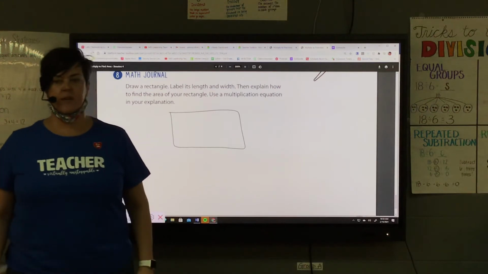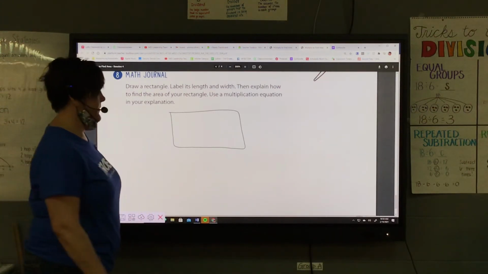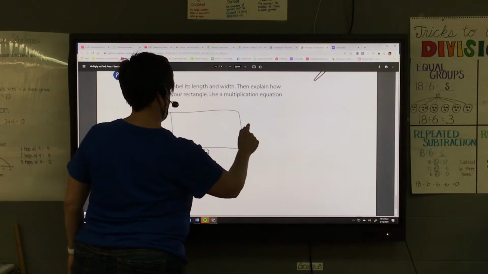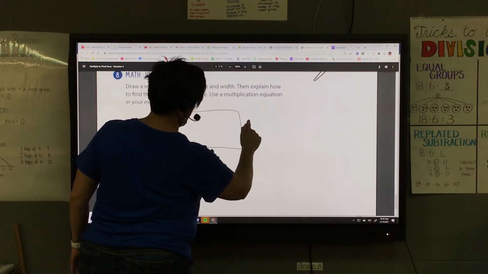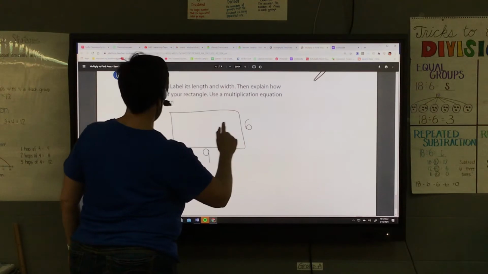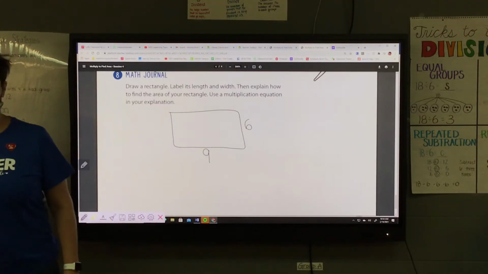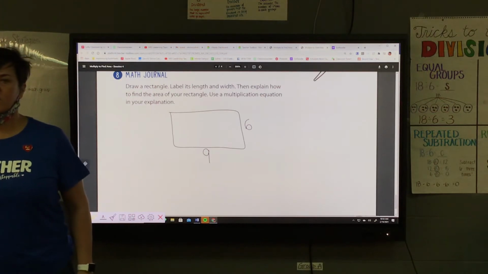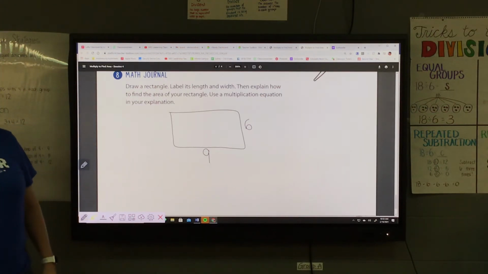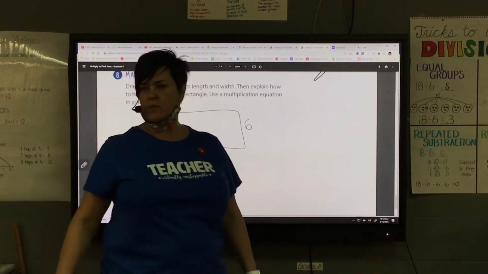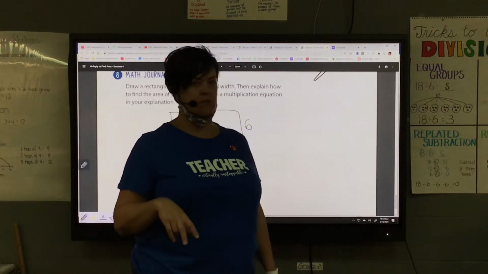Give it a number for its width. Okay, now, we have an odd number now, don't we?